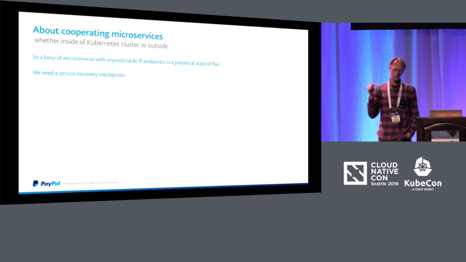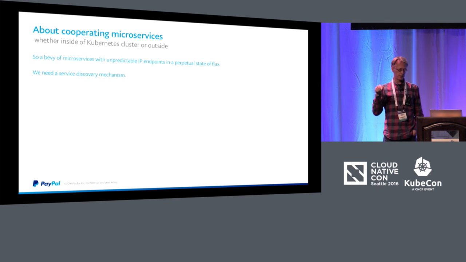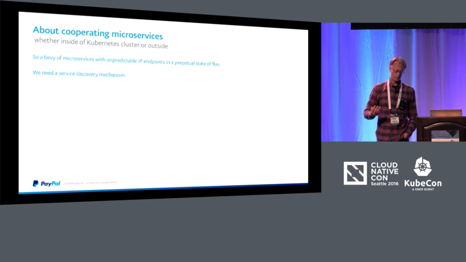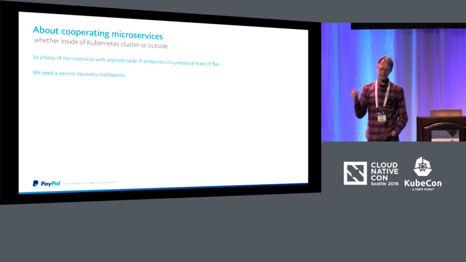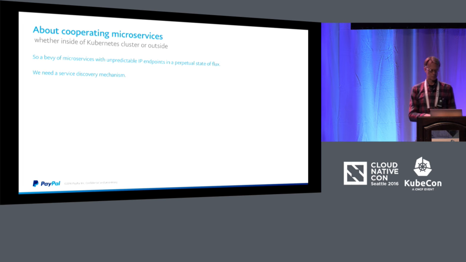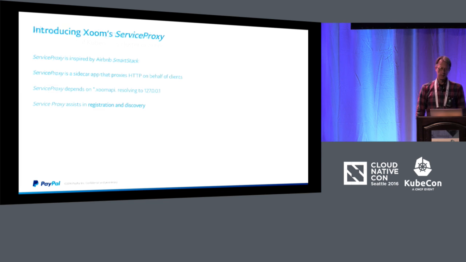By design, future clients of that microservice don't know the IP address of that microservice running right now in production. Intentionally, we want to develop a way where clients that need that microservice can discover its address just in time. So we need a service discovery framework.